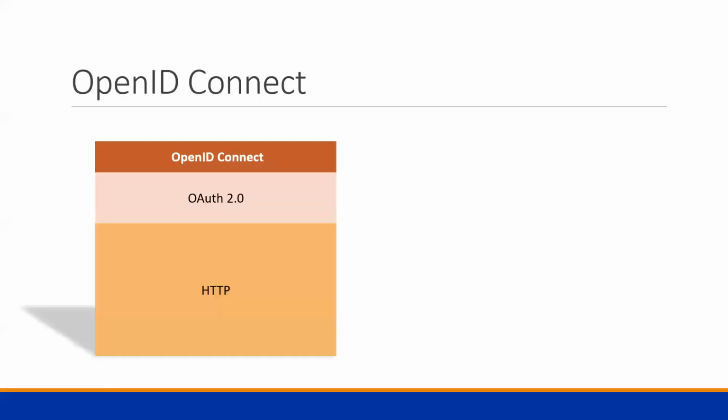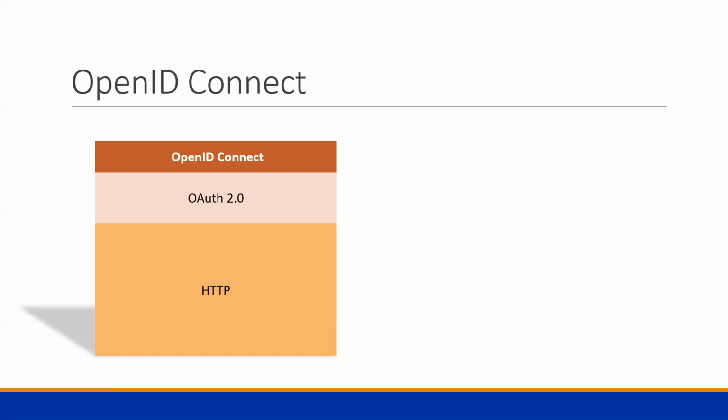So to address that, OpenID Connect was introduced. OpenID Connect is a simple identity layer built on top of the OAuth 2.0 protocol. So OpenID is not a replacement of OAuth 2.0. It is just an extension of it.